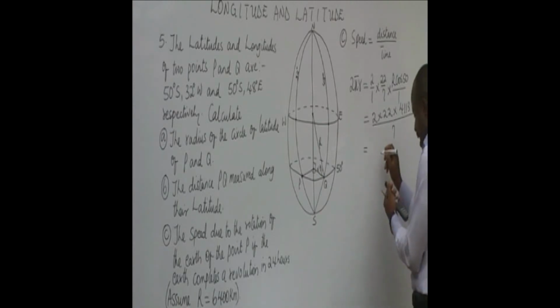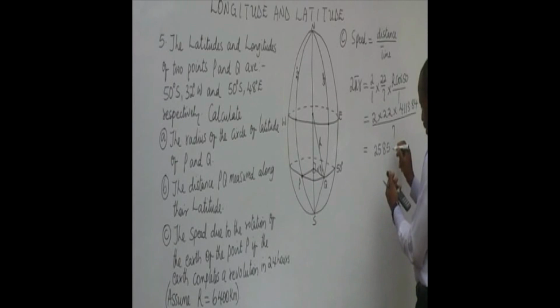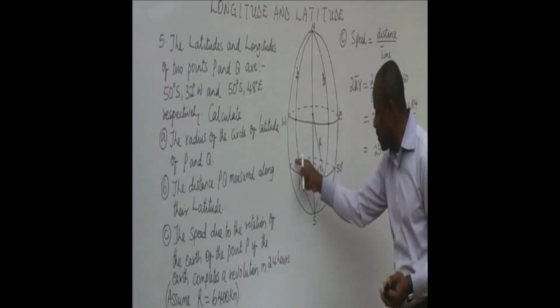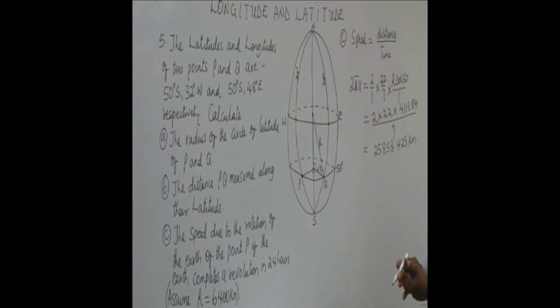So what we have there now is 25,858.423 in 3 decimal places, kilometers. So this is the distance round the circle of that latitude 50 degrees.